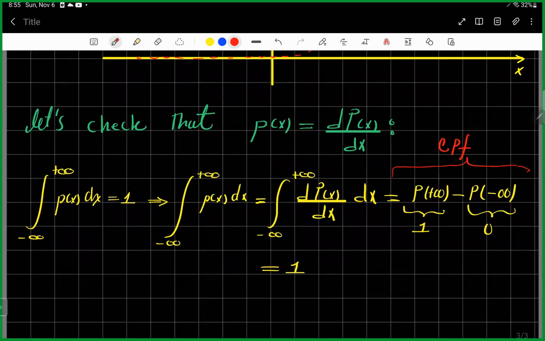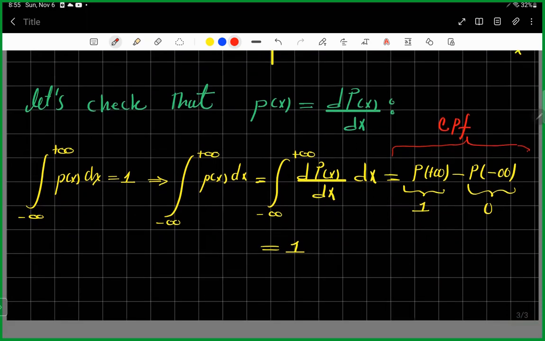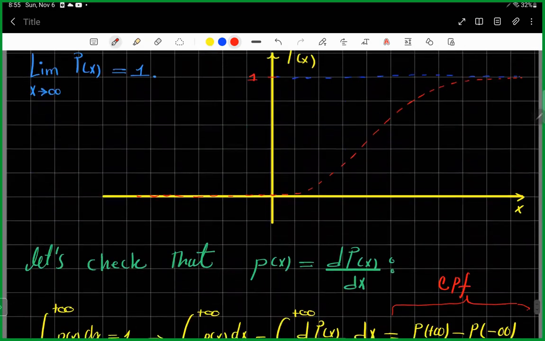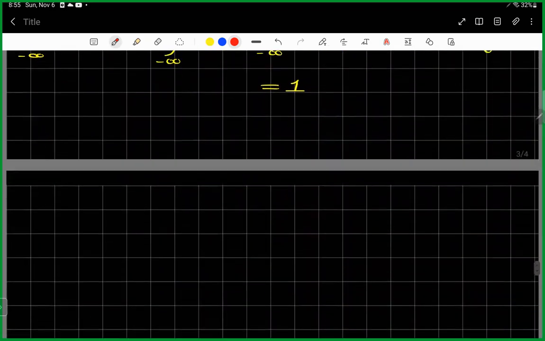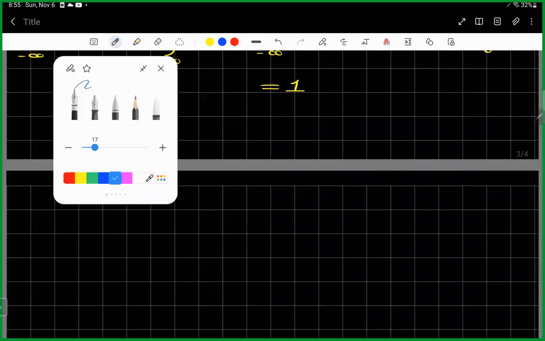Very good. Now, what is then the probability density? Is that something that we can actually define? So that's important. What is it?